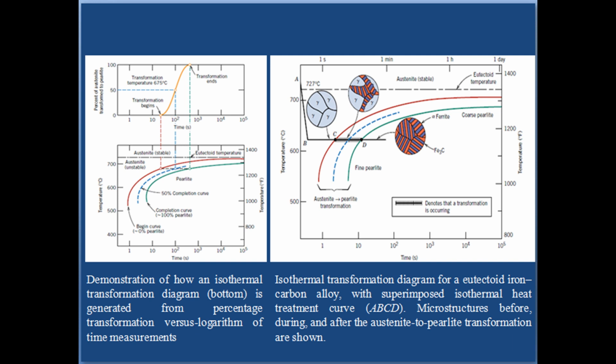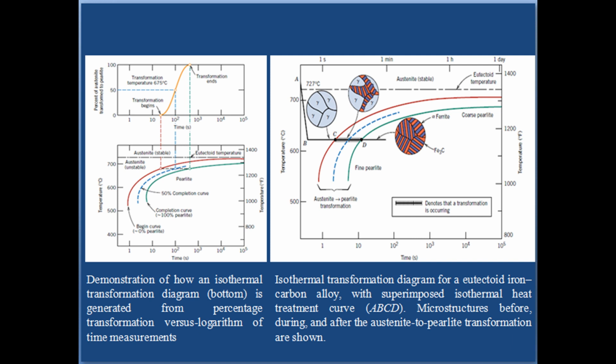The austenite to pearlite transformation occurs only if an alloy is supercooled to below the eutectoid, as indicated by the curves. The time necessary for the transformation to begin and then end depends on temperature. The start and finish curves are nearly parallel, and they approach the eutectoid line asymptotically.